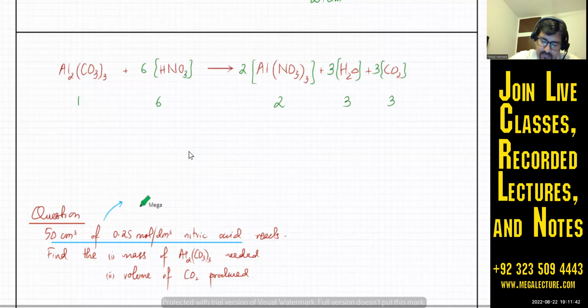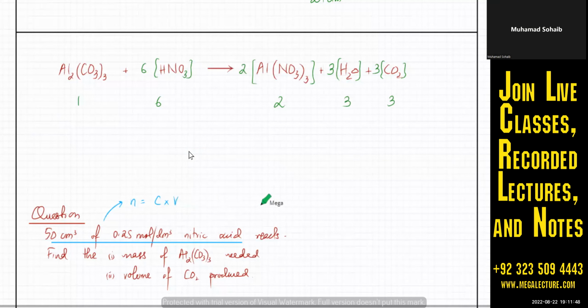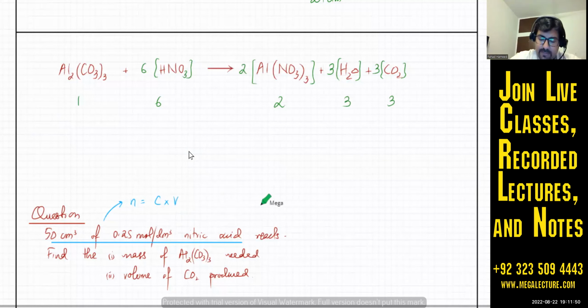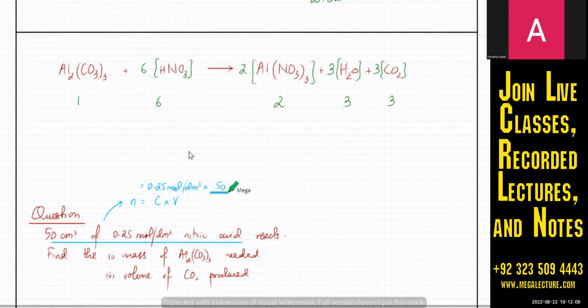Moles is concentration times volume, and the concentration is 0.25 mole per dm cube. Remember, everything should be in dm cube, so volume must be in dm cube. So 50 cm cube, how do you convert it into dm cube? That's divided by 1000.